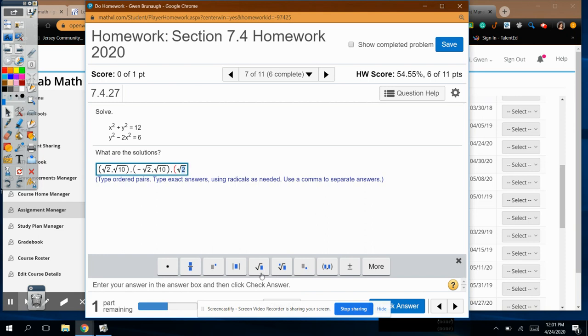Square root of 2, negative square root of 10. Oh, too many of those. Negative square root of 2, negative square root of 10.